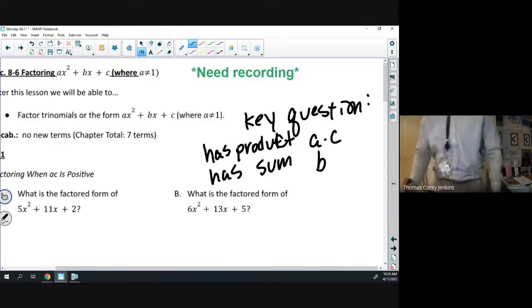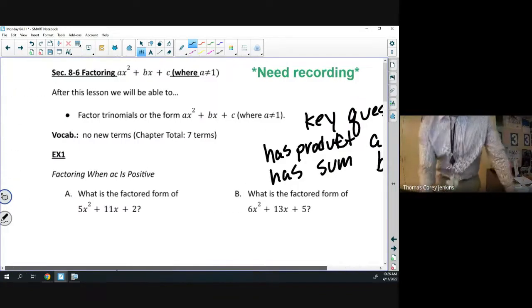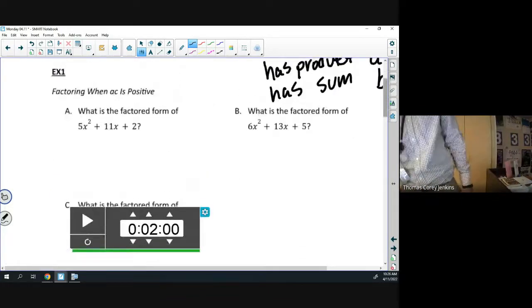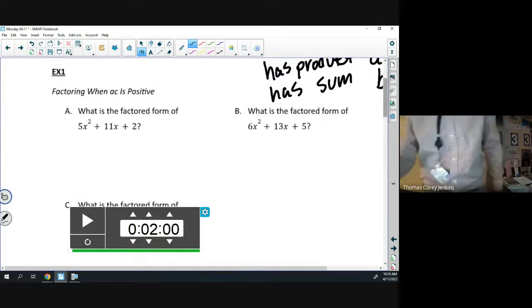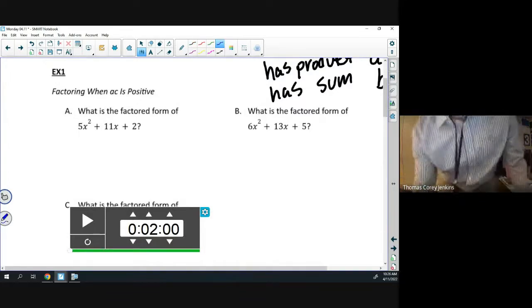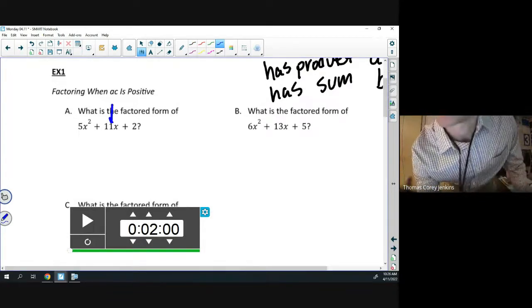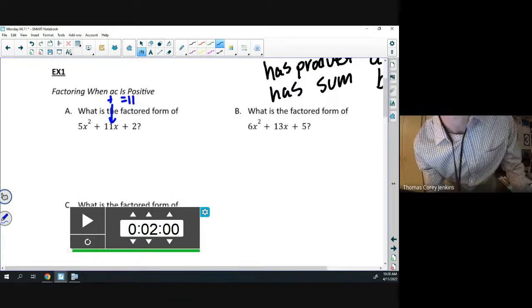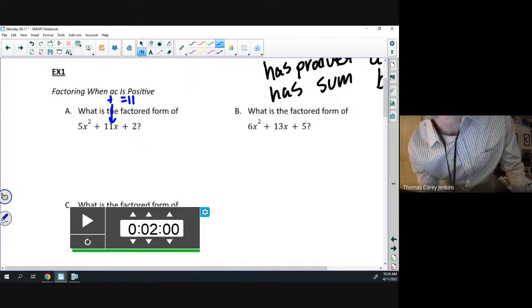So with that, let's go ahead and do these first couple together. Just kind of go along with me here, all right? So we want to know then what adds up to 11, so no change there. What plus what is 11? And then here is kind of the new part.